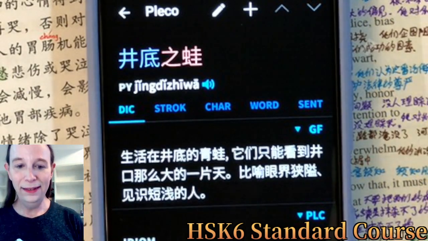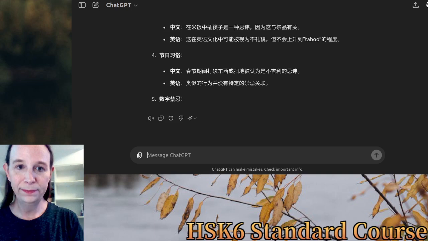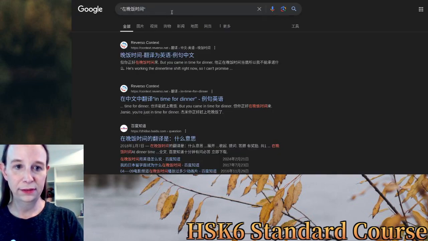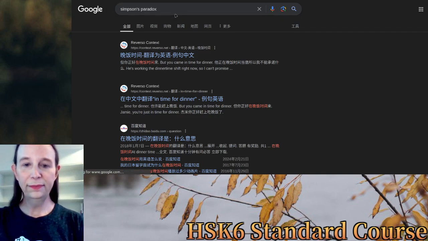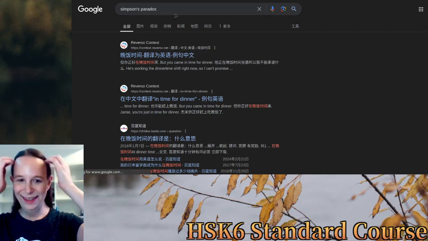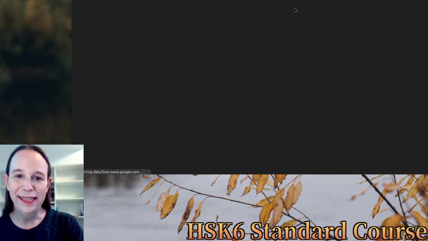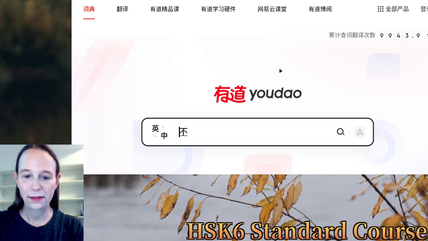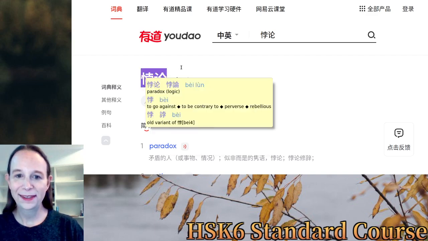Do you know the Simpson's paradox? What about that? Simpson's paradox? It's a statistical paradox, and I find it really interesting because the 统计学的悖论, 对吗？If I remember correctly. 悖论, paradox.